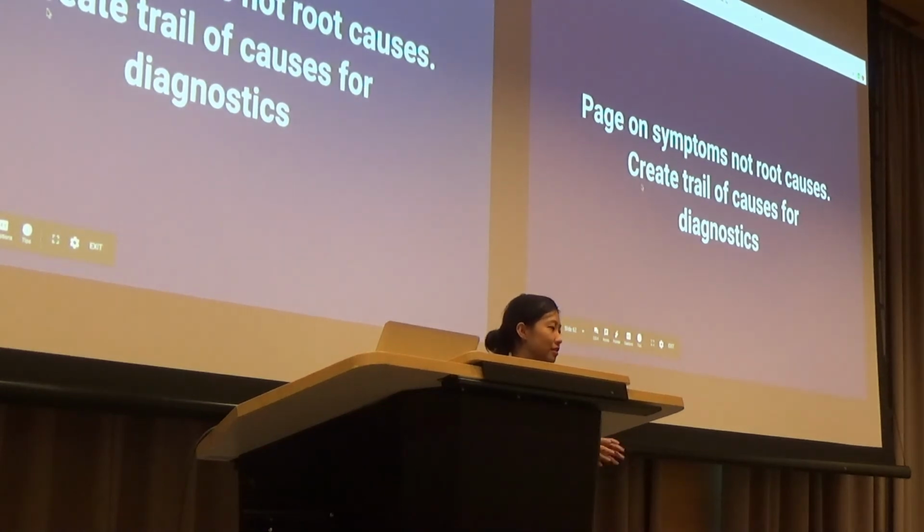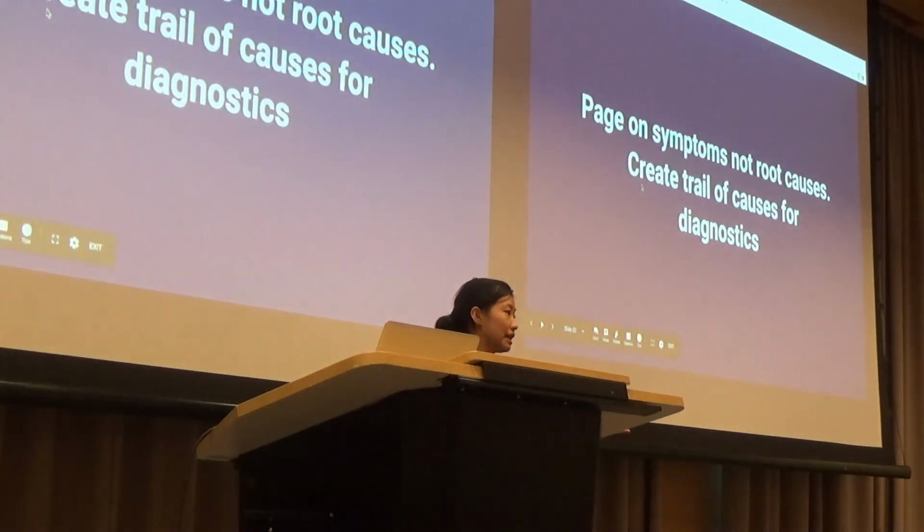So the notion here is there's probably an infinite amount of things that could possibly go wrong, but you don't actually want to be alerting all the time, because then you might fall into the habit of ignoring those alerts because they're so noisy. So a symptom would be, let's say your website is down, and the cause for that could be maybe one of your servers ran out of memory.